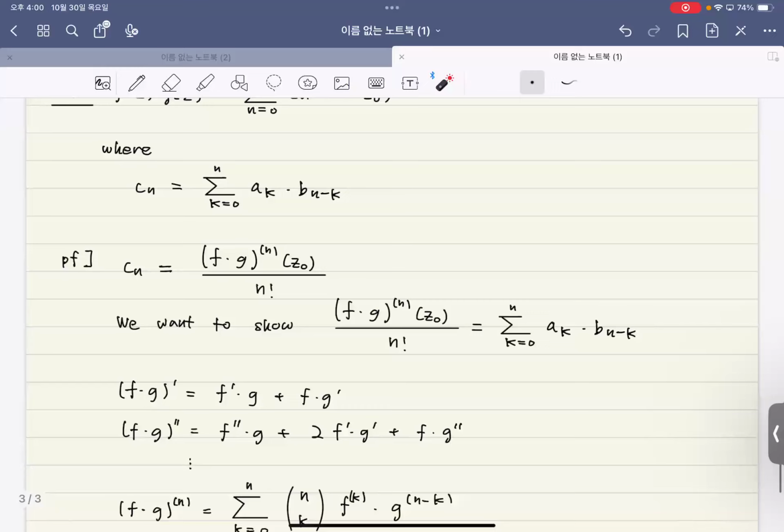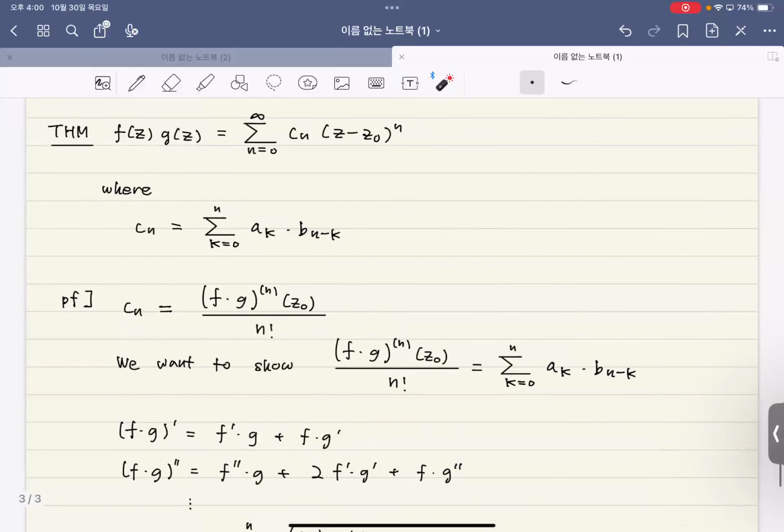This is the trick by which we found the coefficient of the product of two functions. Likewise, you can use exactly the same trick for the division of two analytic functions. Suppose you have two analytic functions and you take the quotient of these two functions. On the domain where the denominator is not equal to 0, your quotient function is also analytic.